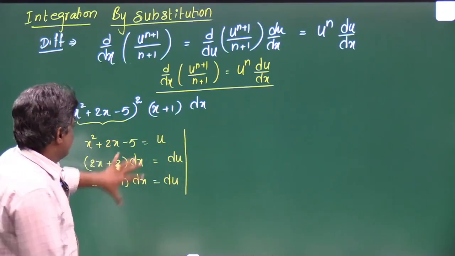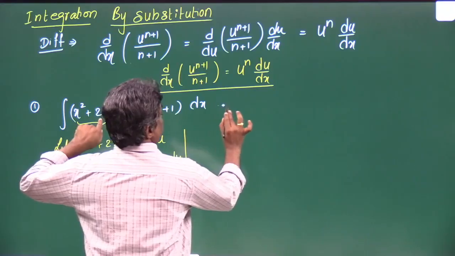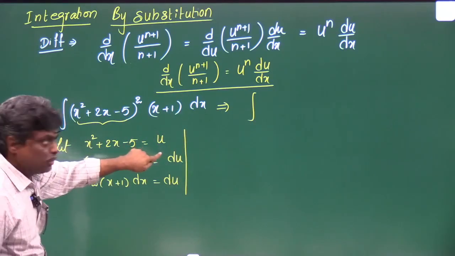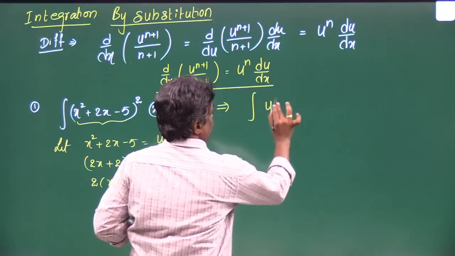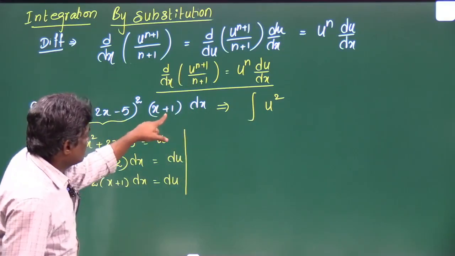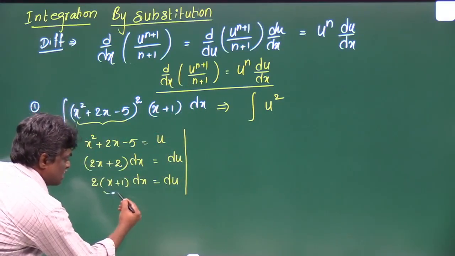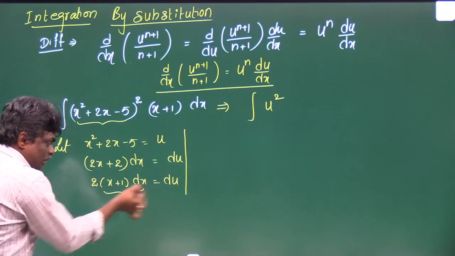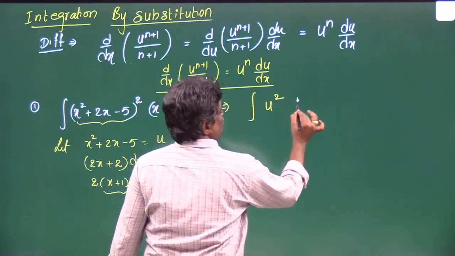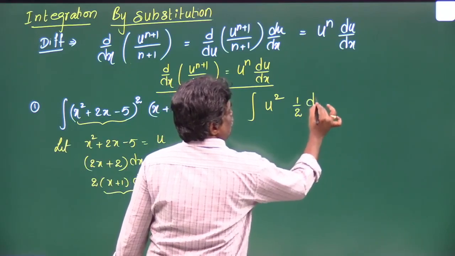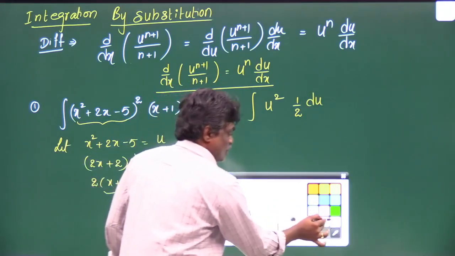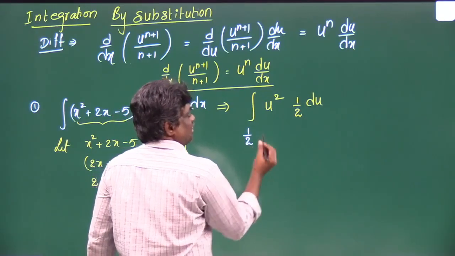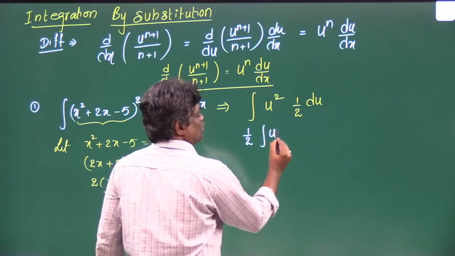Now by using this, we can rewrite this integral. This entire thing we have taken as u, that's why u square, and x plus 1 dx. If you carefully see in this substitution, x plus 1 dx is equal to du by 2. So I can write it as 1 by 2 du. So this integral we can do: 1 by 2 outside, and integral u square du.